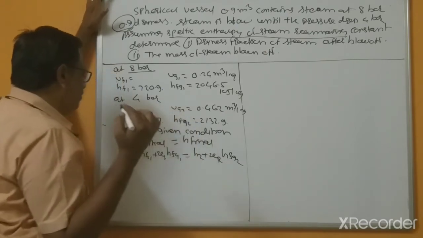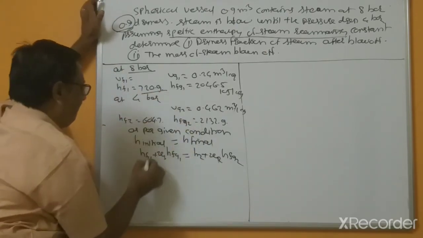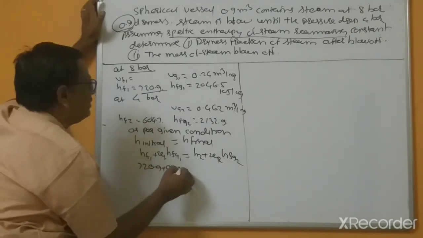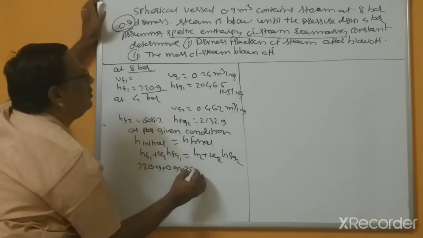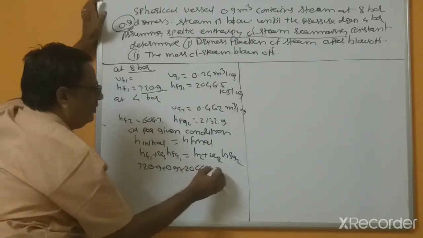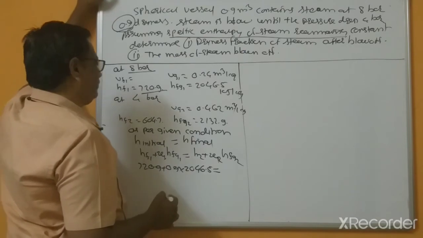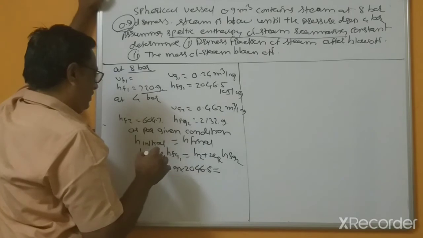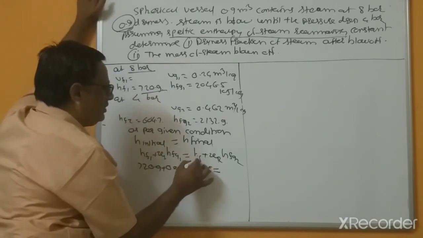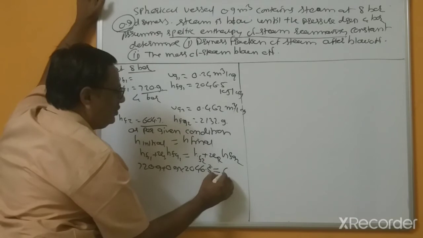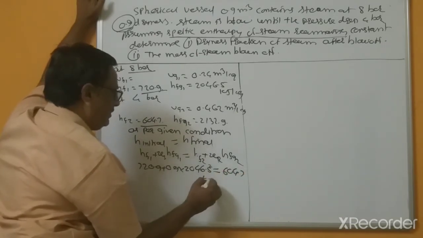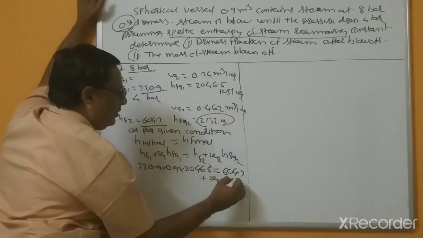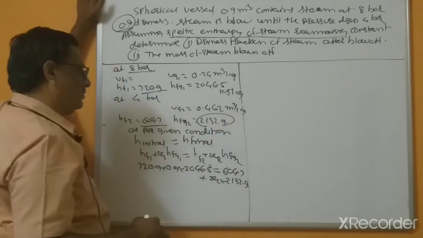Now x1 equal to 0.9, hf1 is 720.9, plus 0.9 times hfg1 2046.5, equals hf2, this is actually HF2, 604.7, plus x2 hfg2, 2132.9.